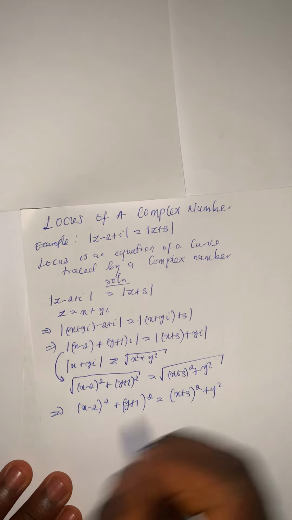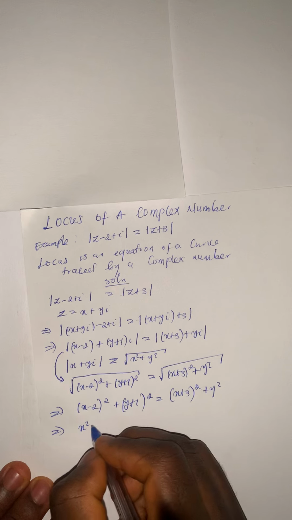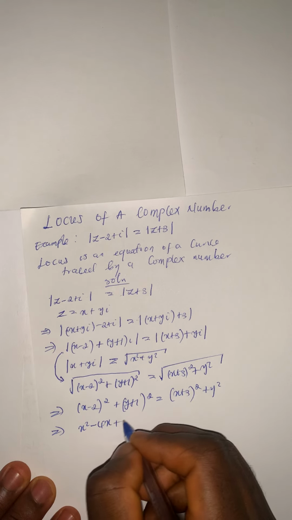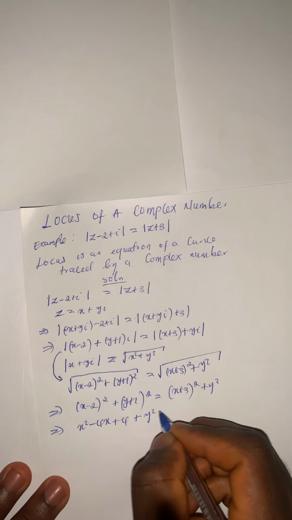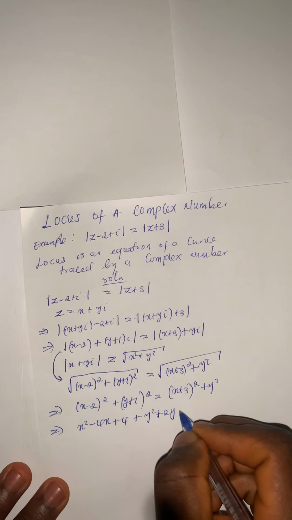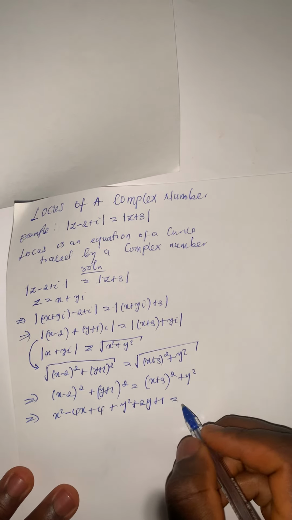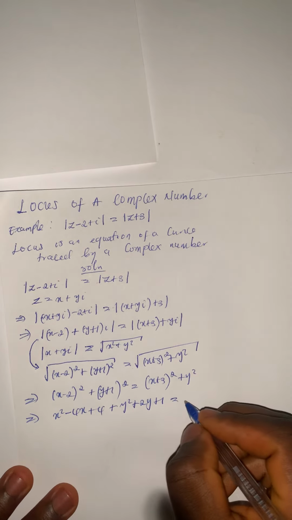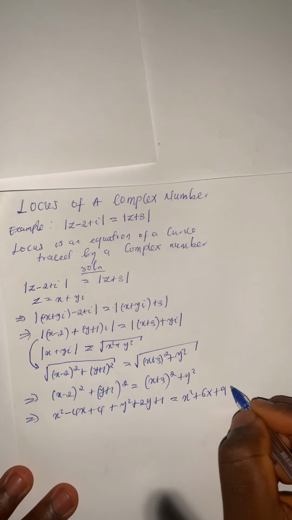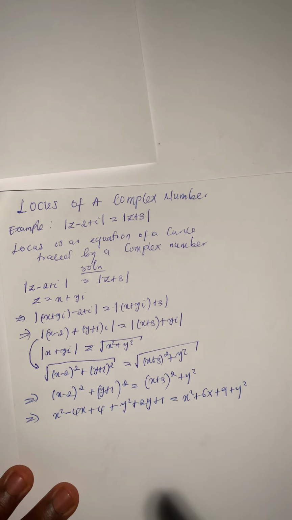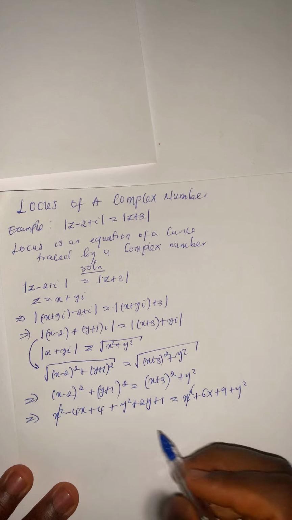We now expand both sides. We get x squared minus 4x plus 4 plus y squared plus 2y plus 1 to be equal to x squared plus 6x plus 9 plus y squared. So the x squared goes off with the x squared, and the y squared goes off with the y squared.